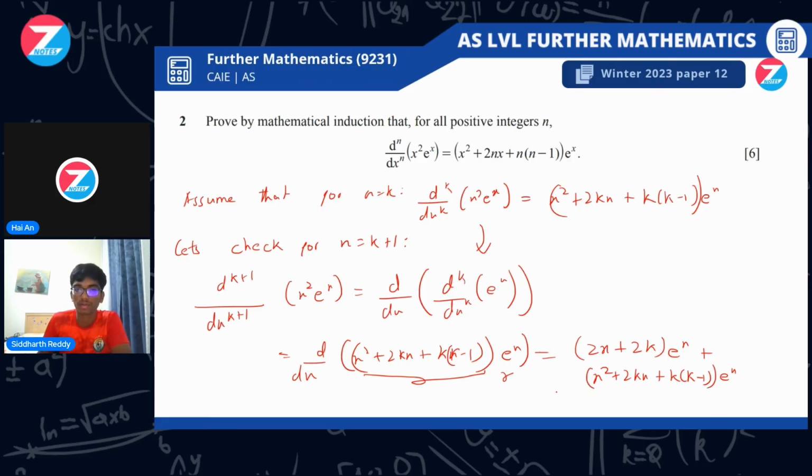Now we can factor out the e to the x again. And what do we get? We get x squared plus 2kx plus 2x, which is 2 into (k plus 1)x, and k(k minus 1) plus 2k.